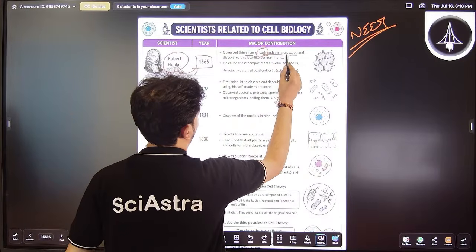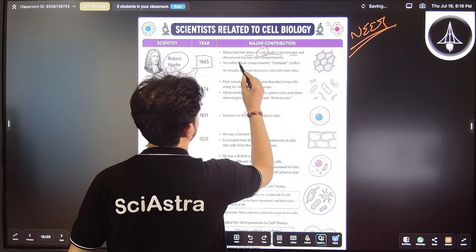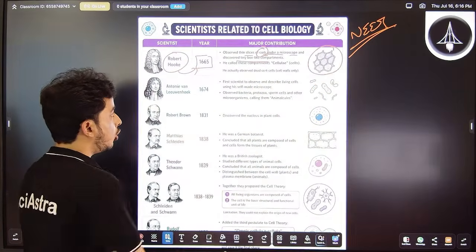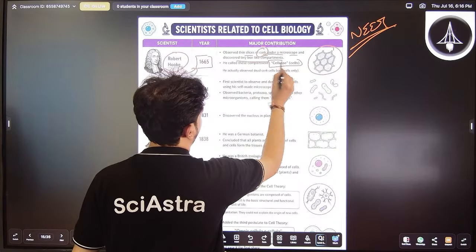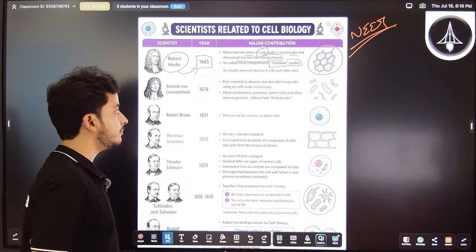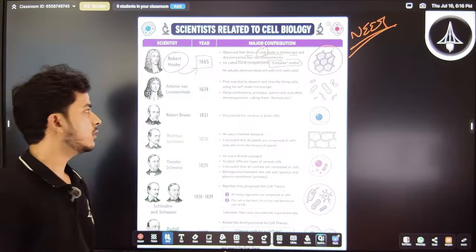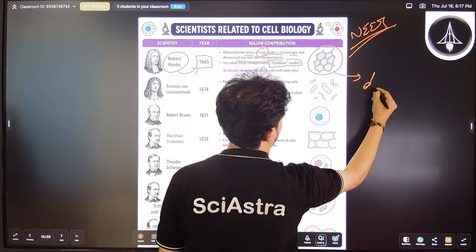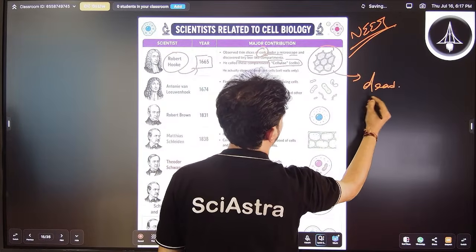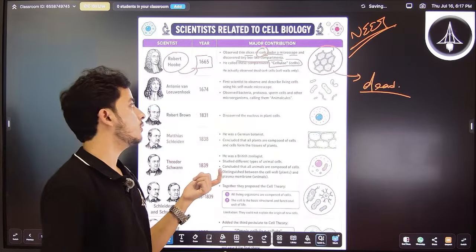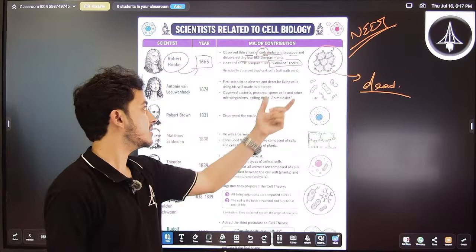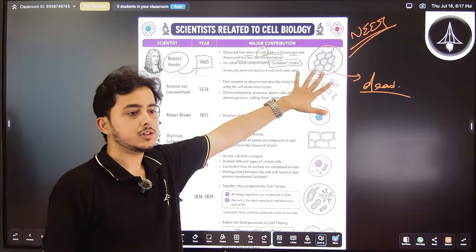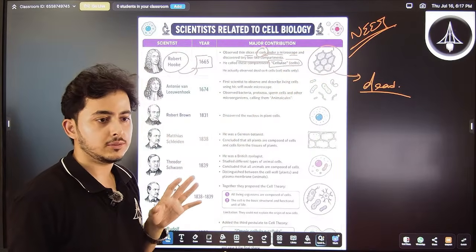From the cork he observed these tiny box-like compartments, and he called these compartments cellulae, that is cells. These cellulae or cells that he observed were dead, because the cells of the cork only have cell walls and they are dead cells. So he observed the first dead cell, not the living cell.